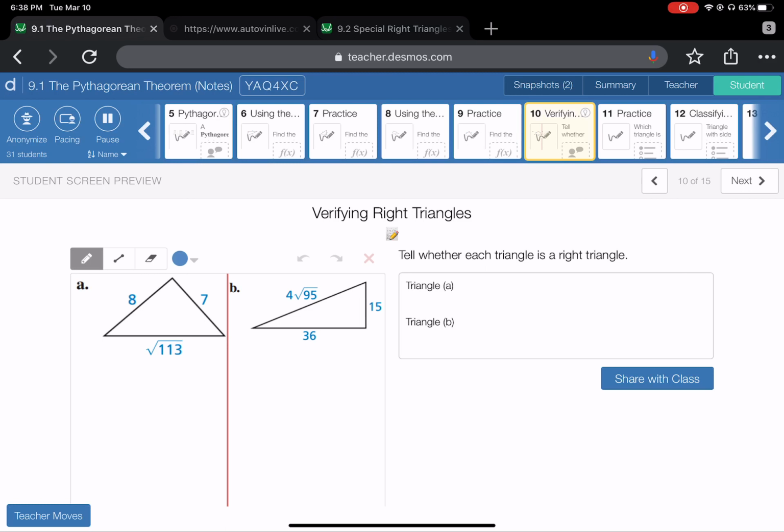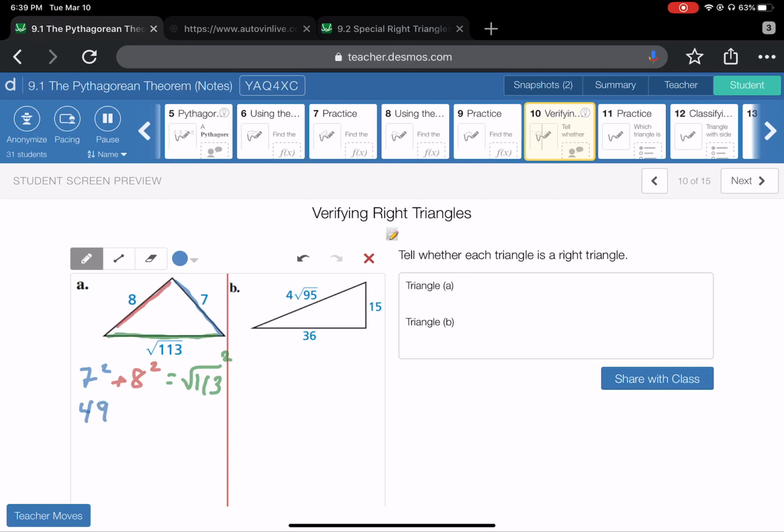So here, if we set this up, we're going to have 7 squared plus 8 squared equal to the square root of 113 squared. What we want to find is that this is a true statement. By making the Pythagorean theorem true, we prove that the triangle is a right triangle.